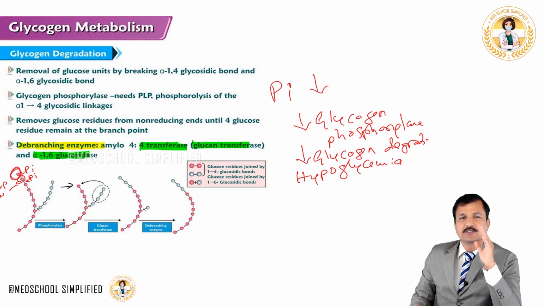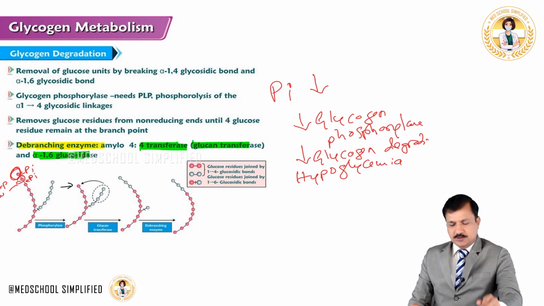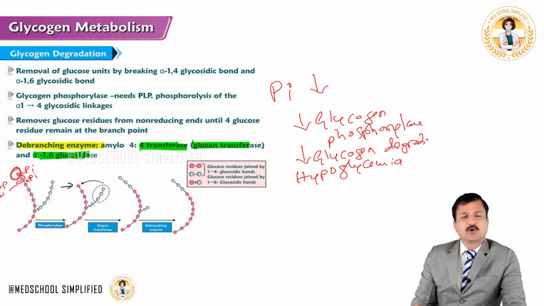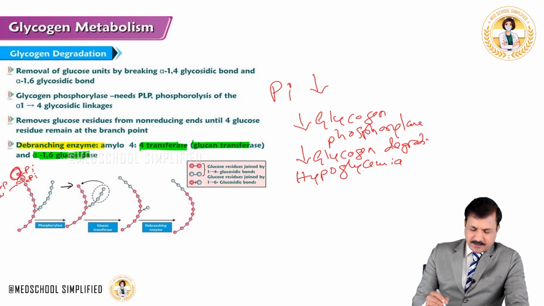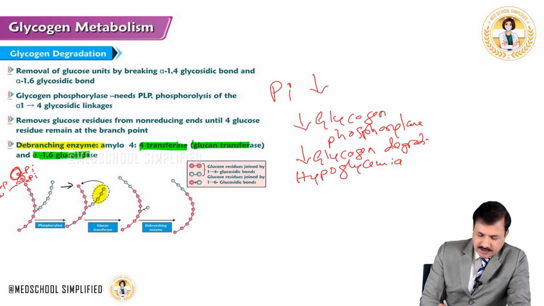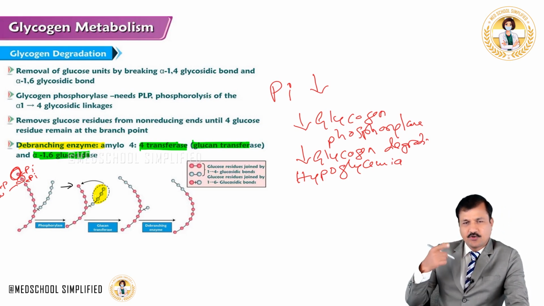Now let's see what is the function of 4,4-transferase and what is the function of alpha-1,6-glucosidase. The 4,4-transferase transfers 3 glucose residues from one branch to the other branch. How does that happen? As shown here in the figure, I am going to highlight it. Here are the 3 glucose residues, right? This is the glucan transferase component of the debranching enzyme, that is 4,4-transferase. Why is it called 4,4-transferase?